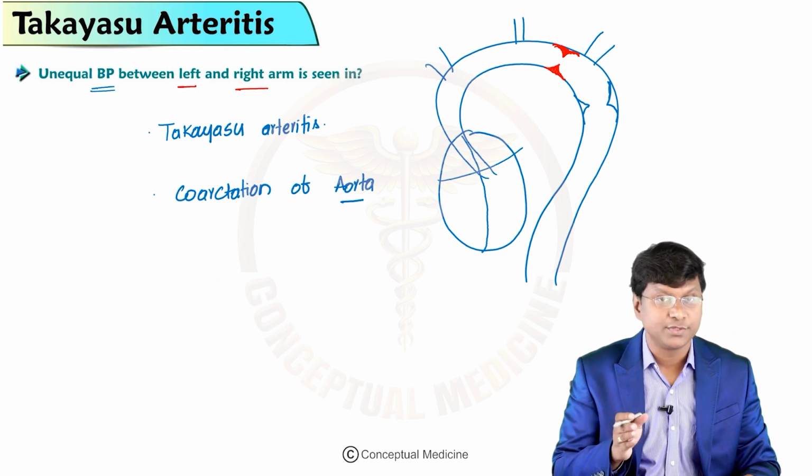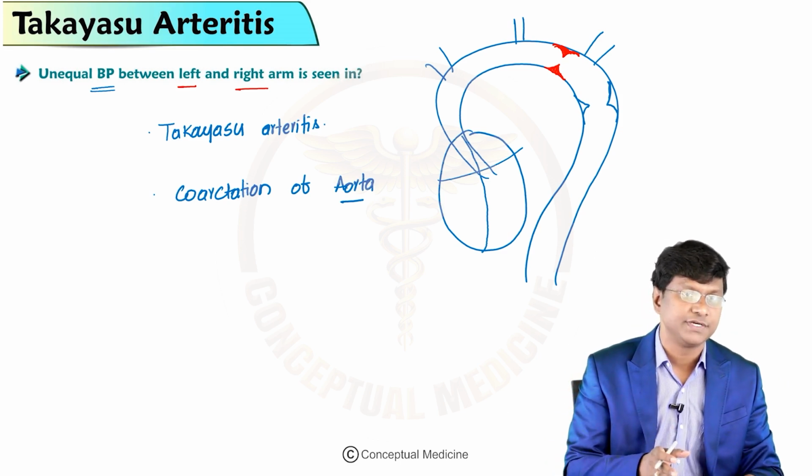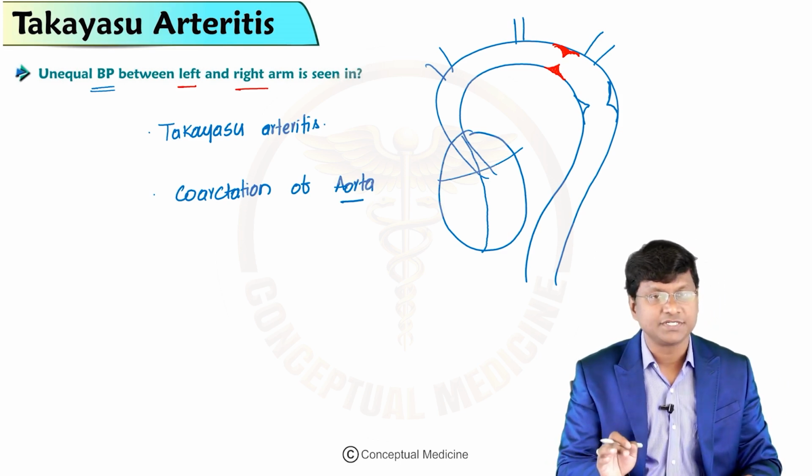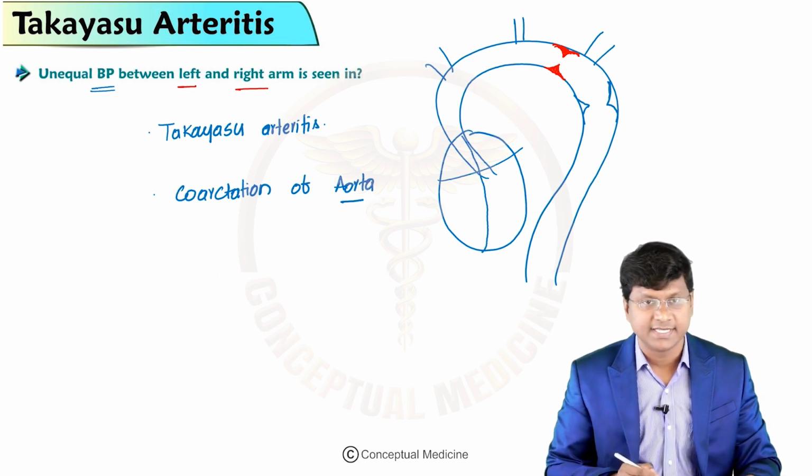So in coarctation of aorta, that too preductal coarctation of aorta, you have unequal blood pressure between the right as well as the left arm.